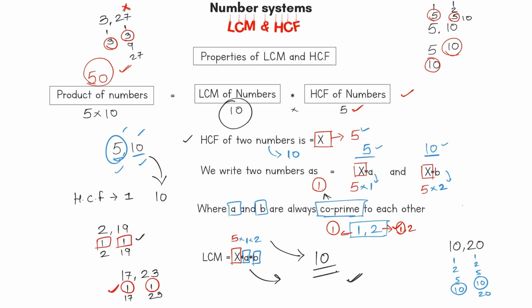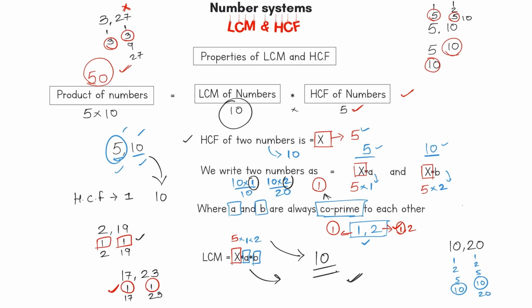One number could be written as x into a. So I can write one number as 10 into 1, which is 10, and I can write the other number as 10 into 2, which is 20. What is my a and b here? Again 1 and 2. So a and b are again 1 and 2. I can write the LCM as x into a into b.